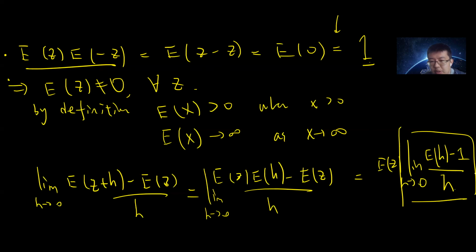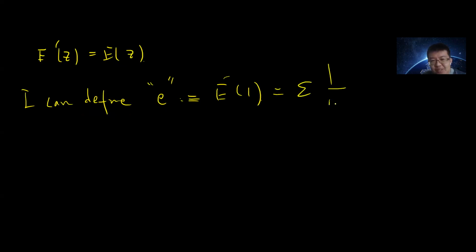And you can easily compute that, because it's just the differentiation with respect to 0. So you can just use the power series, and you get 1. So basically you just proved this.